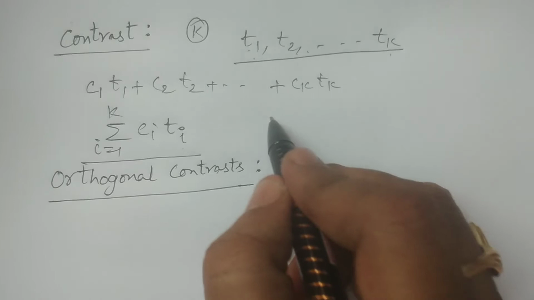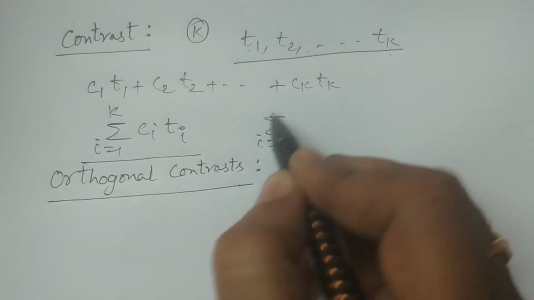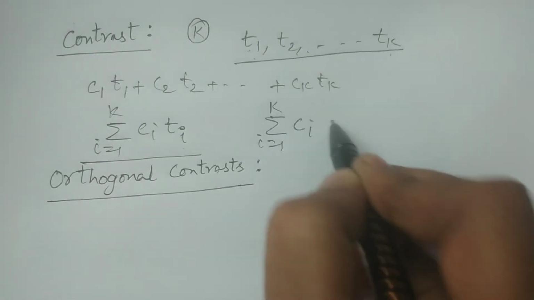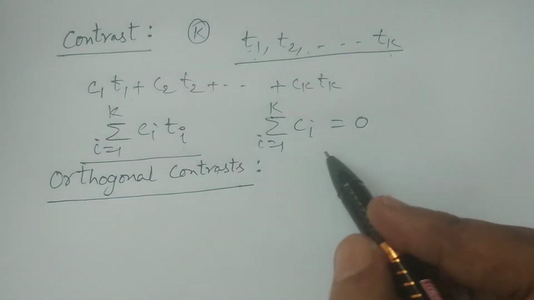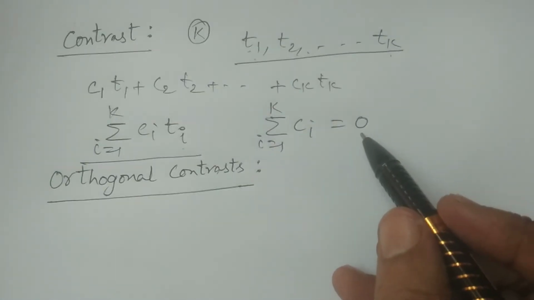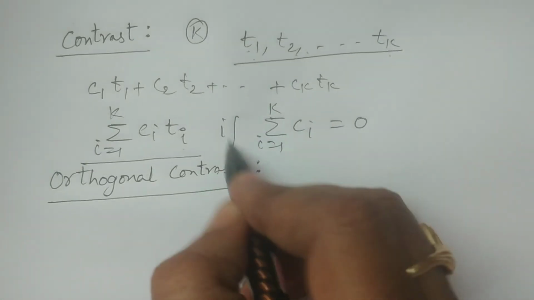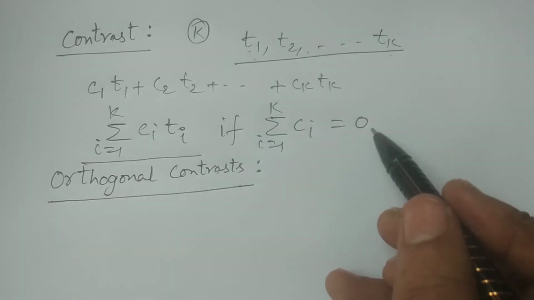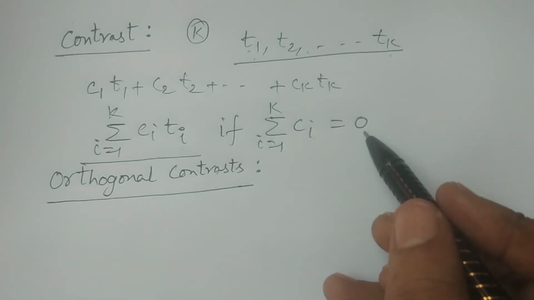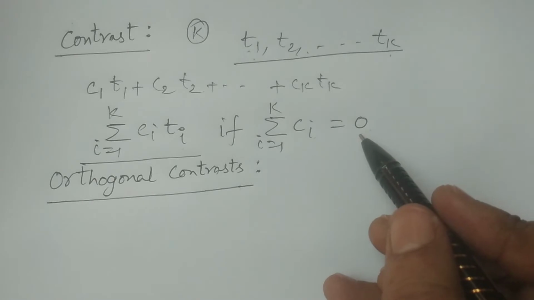If you add the constants, summation i equal to 1 to k Ci, it must be equal to 0. If summation i equal to 1 to k Ci is equal to 0, that's all. That is the definition of contrast.